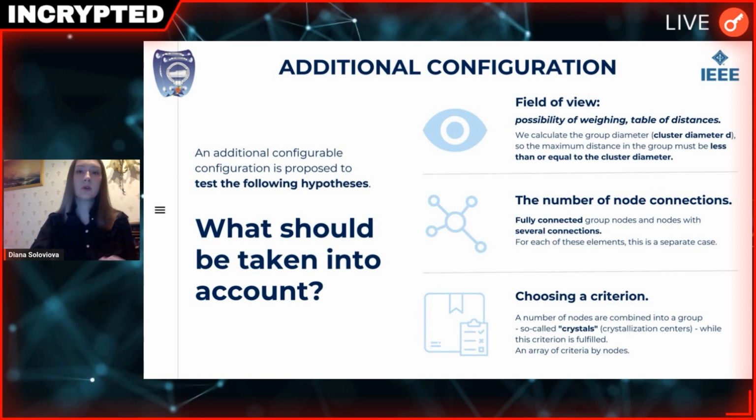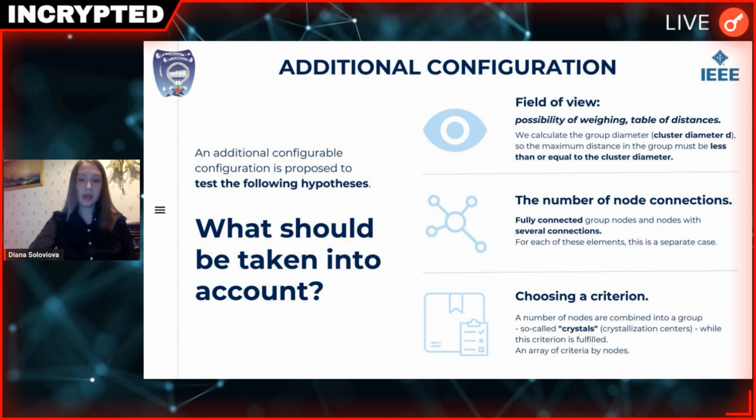We calculate the group diameter, so the maximum distance in the group must be less than or equal to the cluster diameter. Secondly, we should consider, of course, the number of node connections, fully connected group nodes, and nodes with several connections. For each one of these elements, this is a separate case, of course.